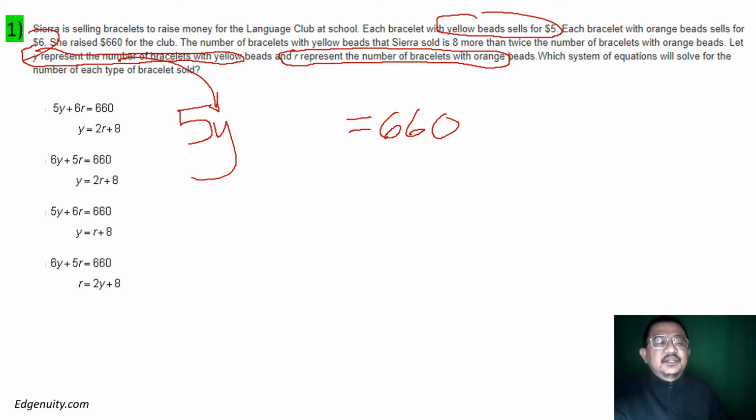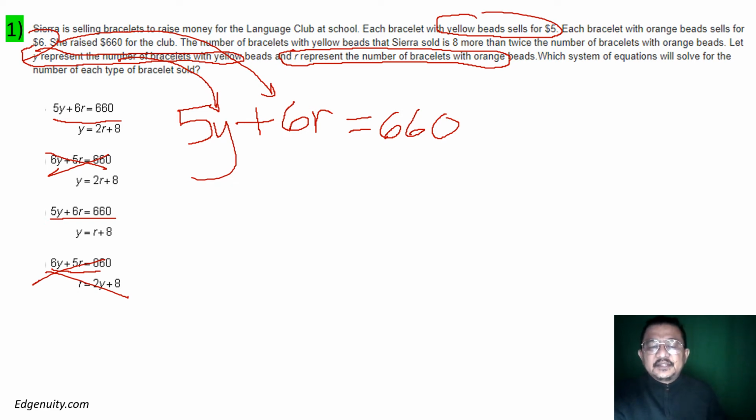The orange is 6, so that's going to be 6 times what variable now? R. The money you raised for both, you add them up. This could be correct. This one is different, not this one. So we have two choices left.